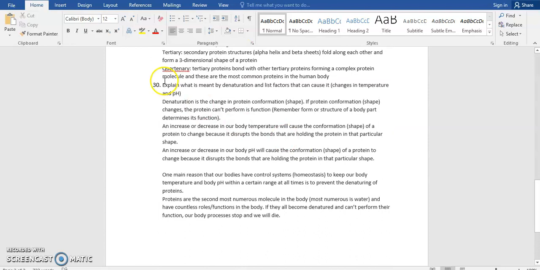And then the last objective is over the term denature or denaturation. We need to be familiar with that term because we'll use it and you'll hear it used quite a bit. What it means, referring to proteins in this case, is that if a protein becomes denatured or we have denaturation of a protein, it loses its shape.